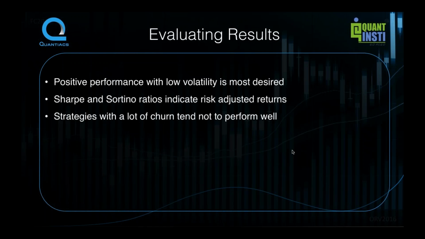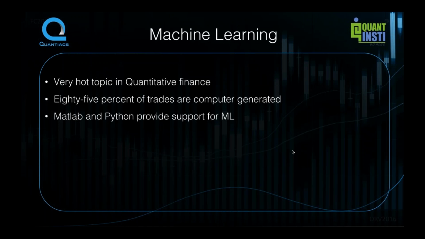Now, machine learning. As I'm sure everyone in this webinar is aware, this is a really hot topic in quantitative finance. It is estimated that 85% of the trades that take place on the American exchanges are computer generated. I actually read a brief tweet yesterday saying that this number may be as high as 90%, that only 10% of trades are done based on the work of an analyst.